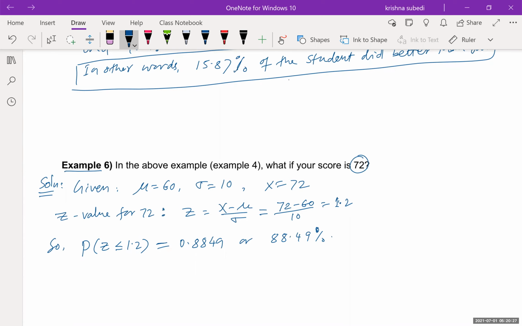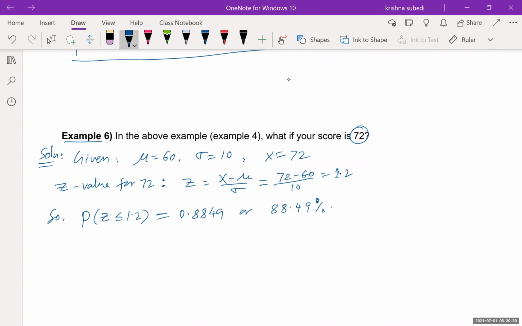Okay, so the meaning is, this means with a score of 72, you are at 88.49 percentile.